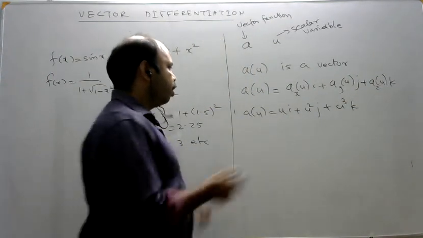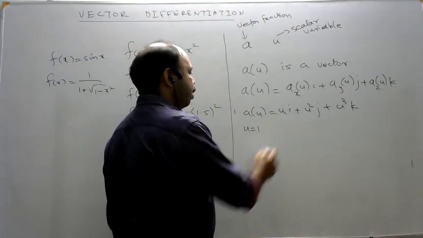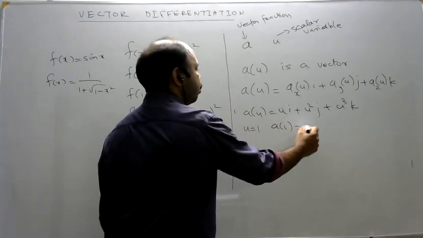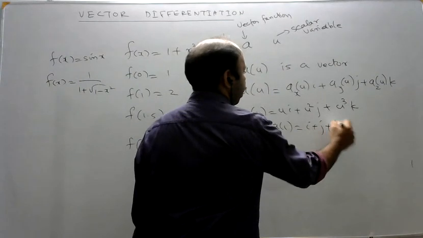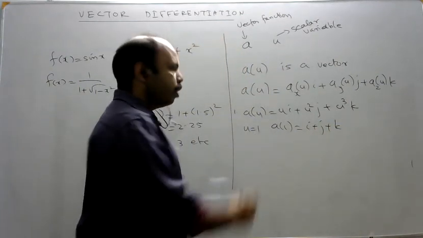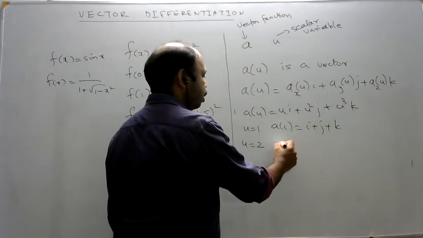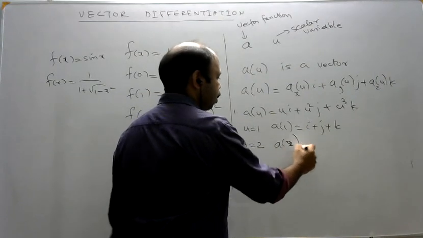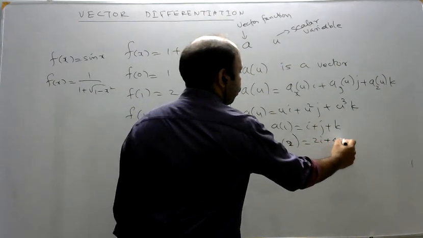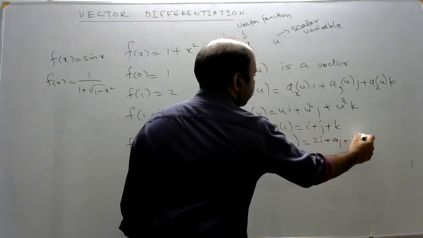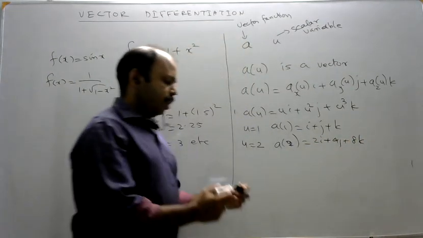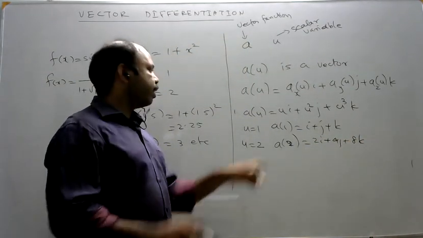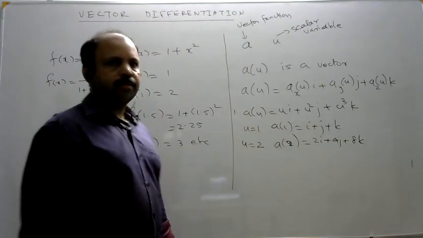Here, corresponding to u equal to 1, we get the vector A of 1 equals i plus j plus k. When u equal to 2, we get A of 2 equals 2i plus 4j plus 8k. That means for each value of u, we get a vector, that is, it's a vector valued function.